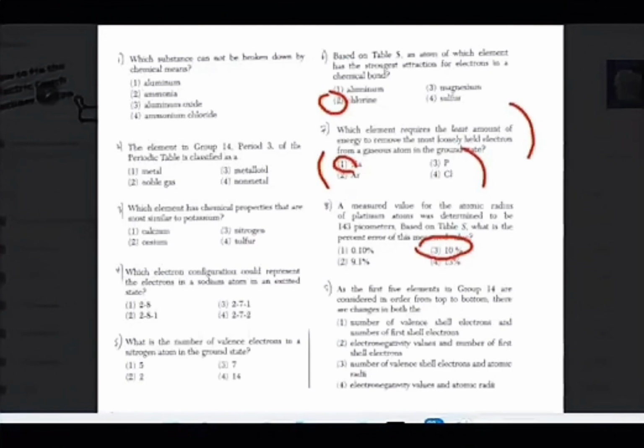For number 9, as the first 5 elements in group 14 are considered in order from top to bottom, there are changes in both the, and we're taking a look here. We've got to look at the number of valence shell electrons and the number of first shell electrons, electronegativity values, or atomic radii.